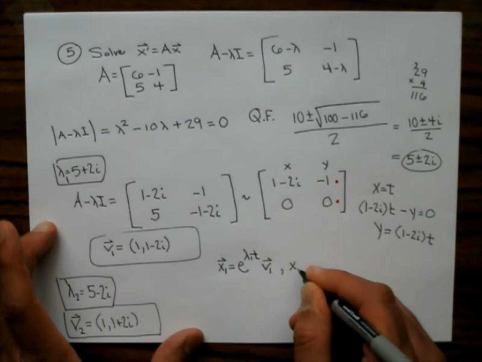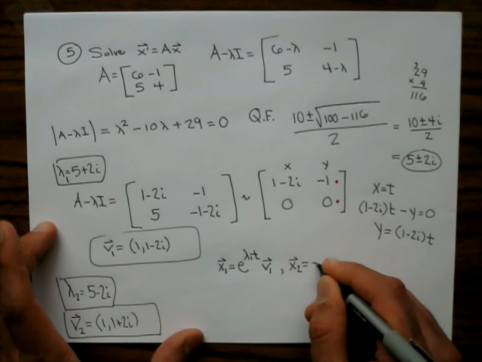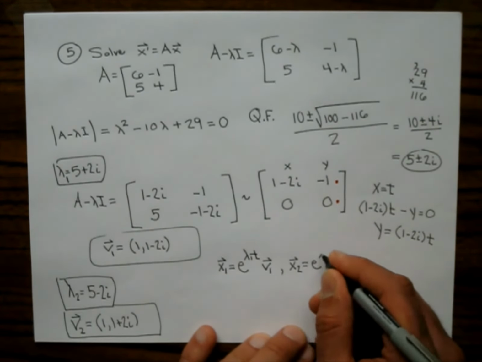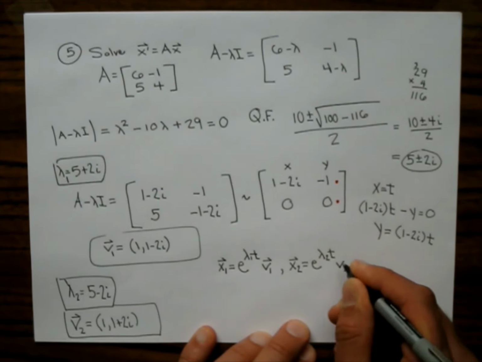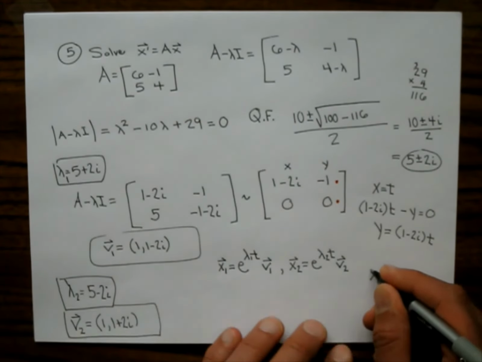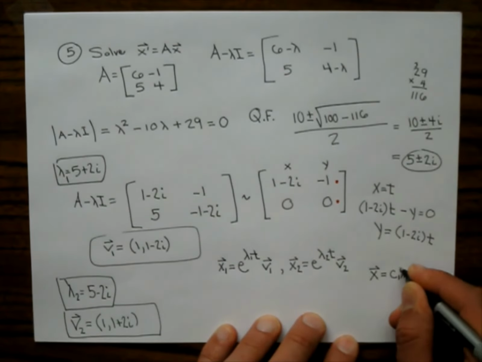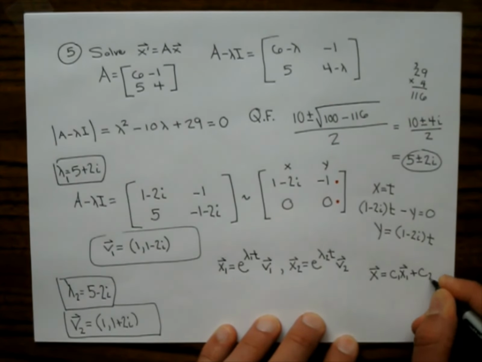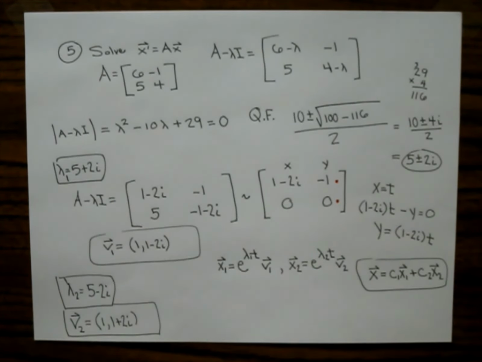And then x2 bar equals e to the lambda 2 t times v2. What is our solution? It's going to be x bar equals c1 vector x1 plus c2 vector x2. So that's really our solution.